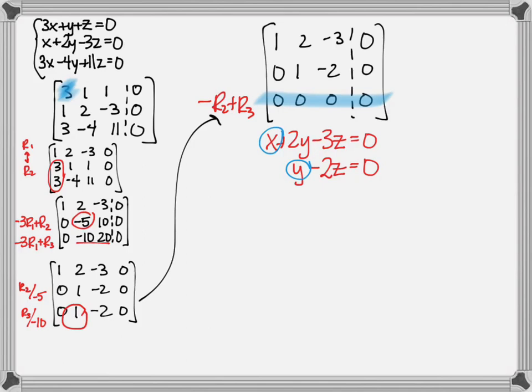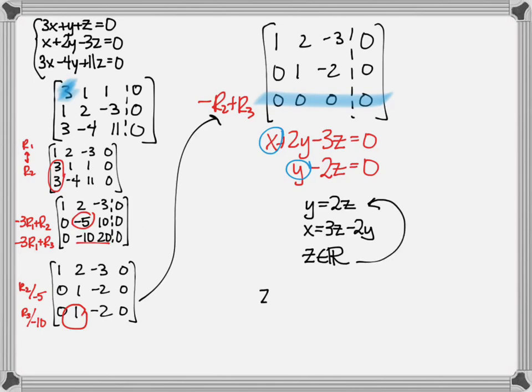So I'll have y equals 2z. From the top equation, x equals 3z minus 2y, and this would be an infinite system because z then could be anything. I've defined everything else really essentially in terms of z.